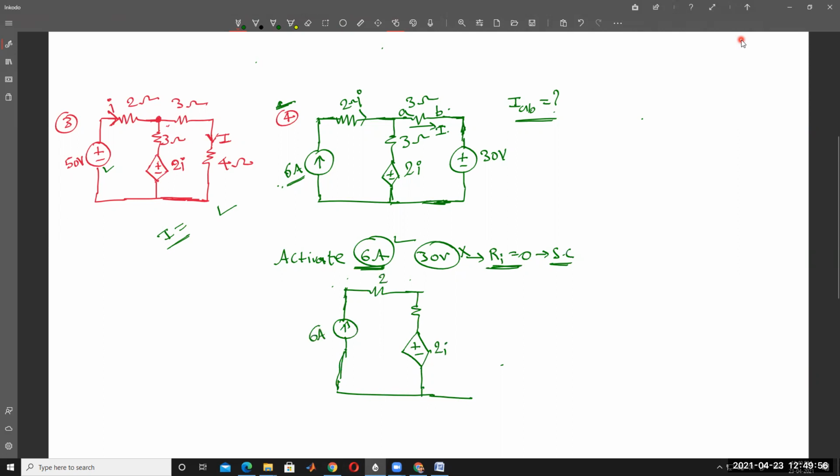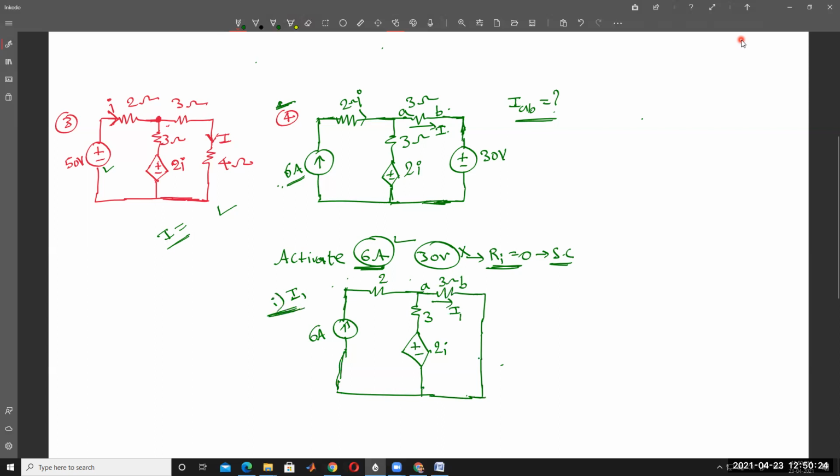Here 2 ohm, 3 ohms, 2 ohms. The internal resistance of the voltage source is 0, that's why short circuit. This is called 3 ohm. So what is the current flowing in this direction? I1.